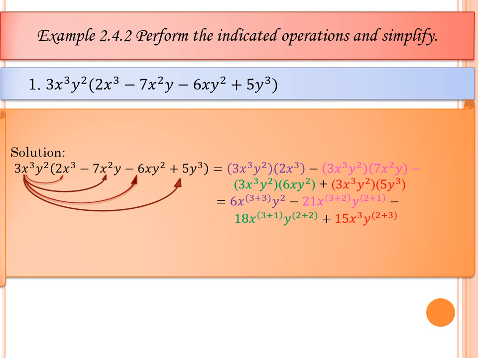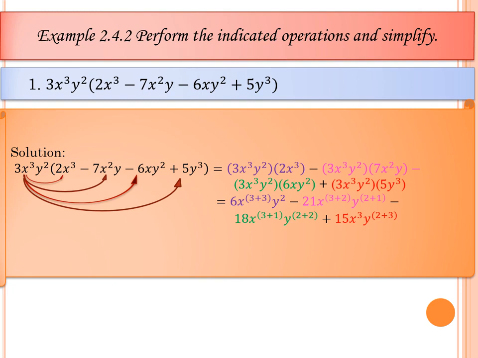And x squared times x cubed is just equal to x to the power of 3 plus 2. And y squared times y is just equal to y to the power of 2 plus 1. Minus, see 3x cubed y squared times 6xy squared is just equal to 18x to the power of 3 plus 1, y to the power of 2 plus 2.